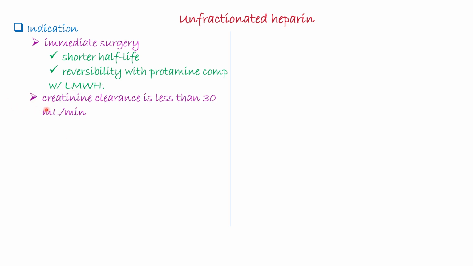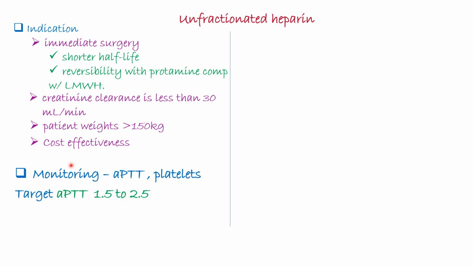In addition, unfractionated heparin is excreted by the liver, so in patients who come in with kidney problems, we advise giving unfractionated heparin. This is because it can be used in patients with creatinine clearance less than 30 ml per minute, and also in patients who weigh greater than 150 kgs. Also, it is more cost effective compared to low molecular weight heparin.